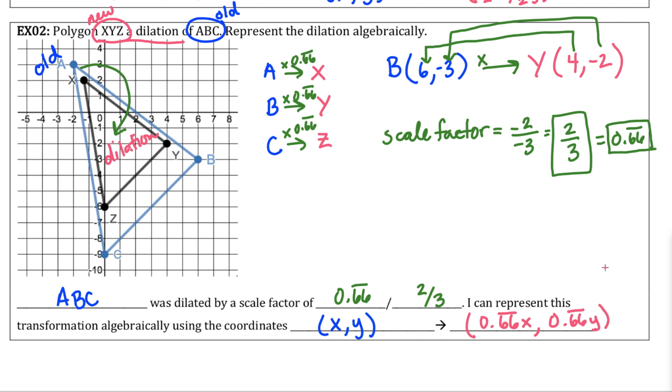Cool. So that's it. No matter what you do, if you divide the correct way between any of these pairs of points, then you'll be fine. That's it. Thank you.